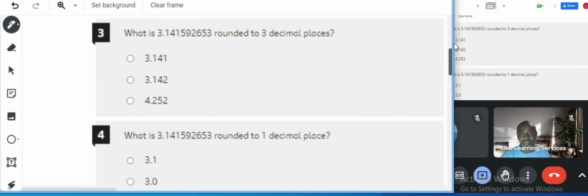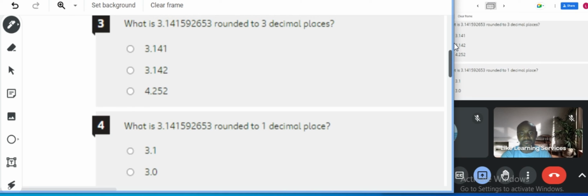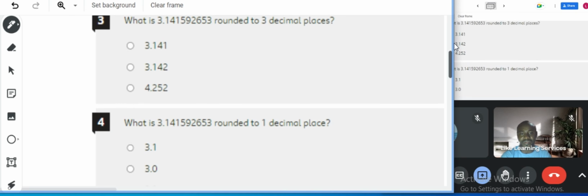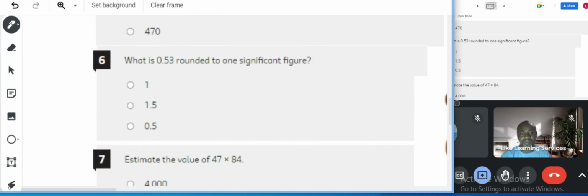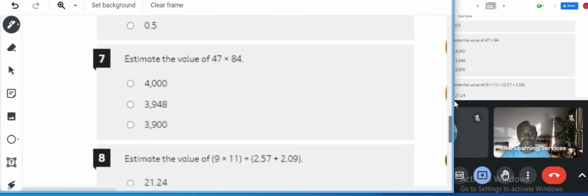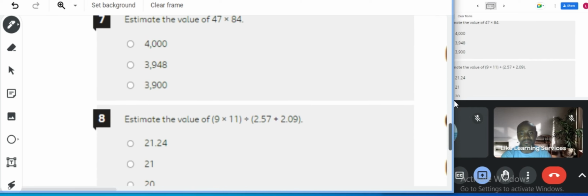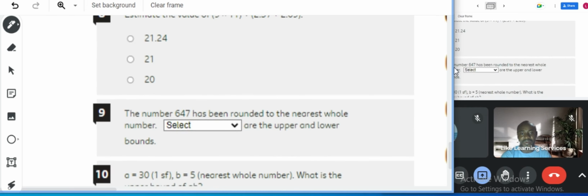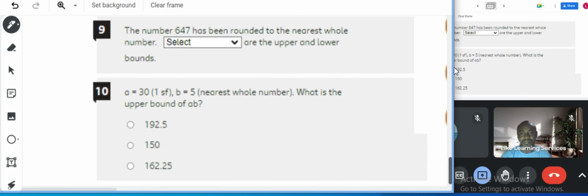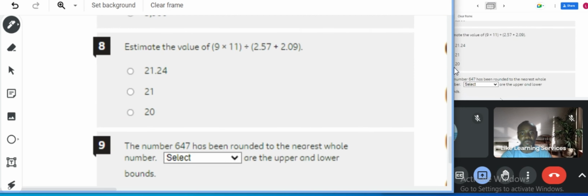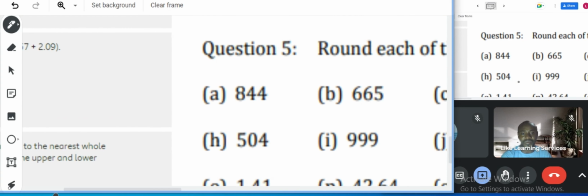This one is 3 decimal places. This other one is 1 decimal place. These are some practice questions. Upper bound and lower bound will be another topic.